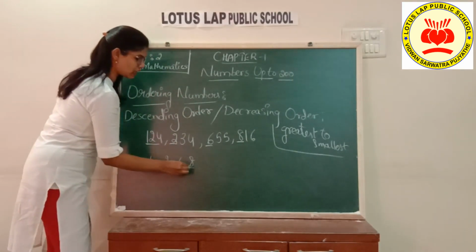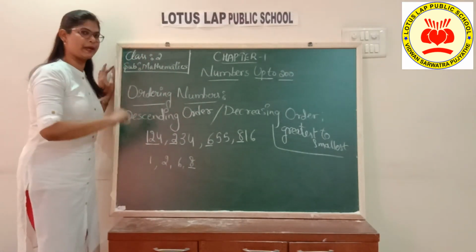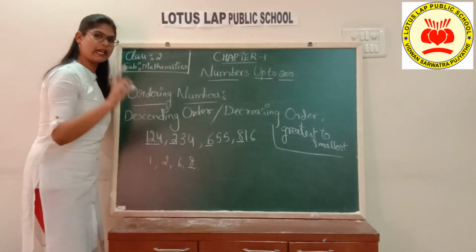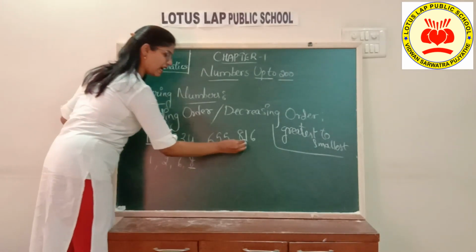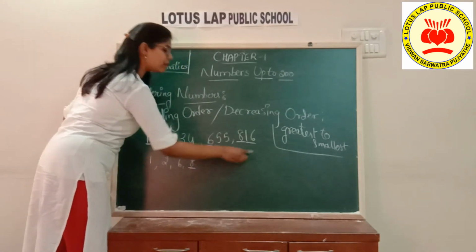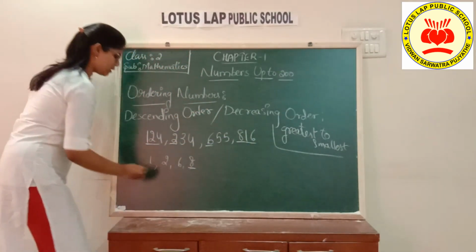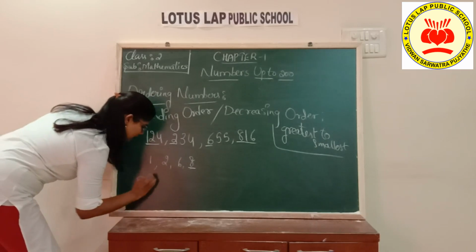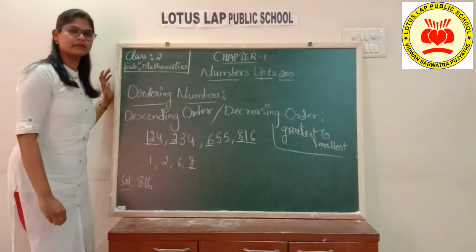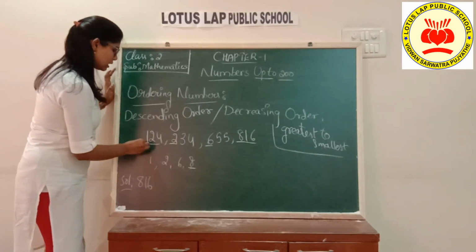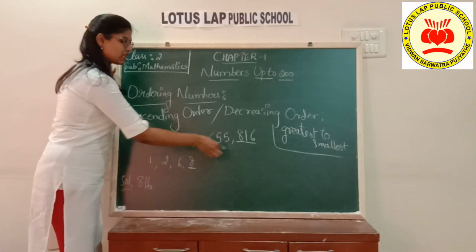First we have to consider the greatest number. Here 8 is greater. Okay, greater number. So obviously 816, the whole number will become the greater number. So take 816 first.